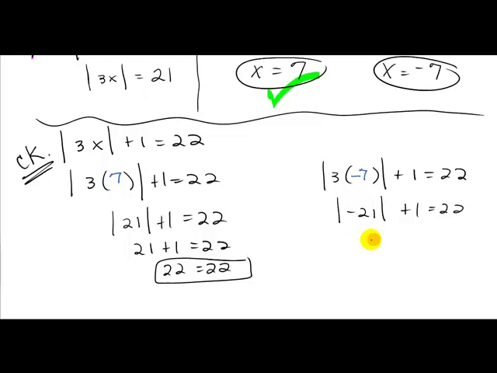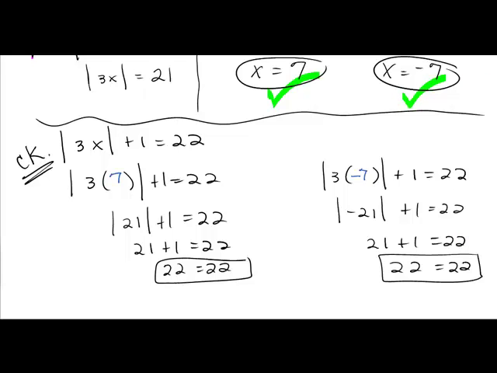Take it out of the absolute value as positive. And finish working on both sides, and they match. And so then my -7 is correct.